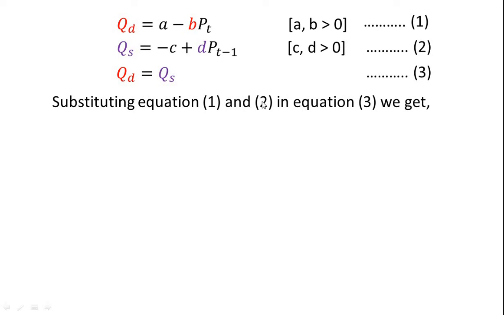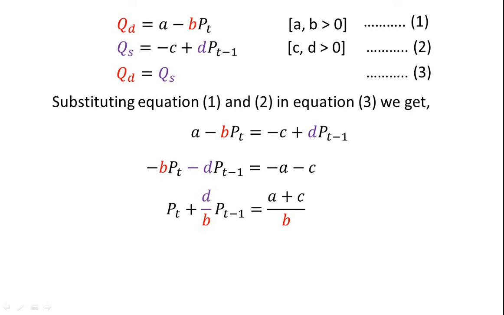Substituting equations 1 and 2 in equation 3, we get a minus b Pt equal to minus c plus d Pt minus 1. After simplification, we get Pt plus d by b Pt minus 1 equal to a plus c divided by b.